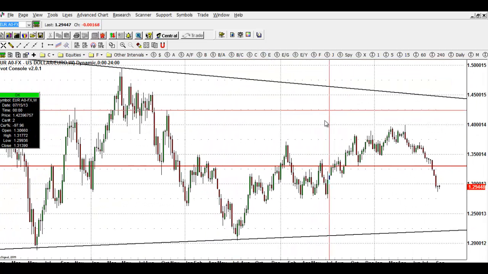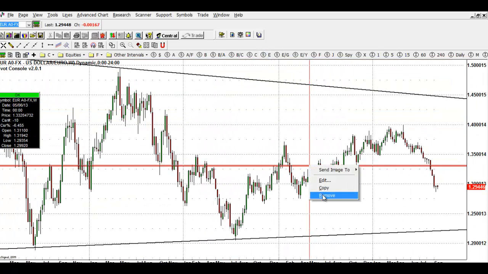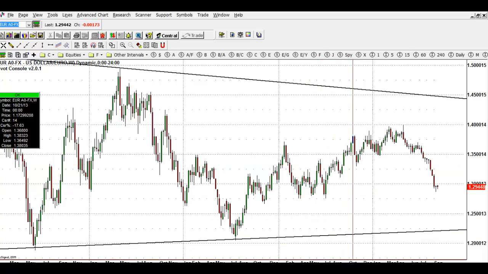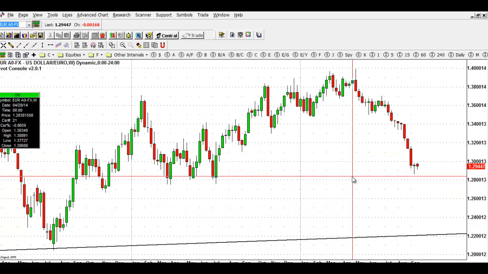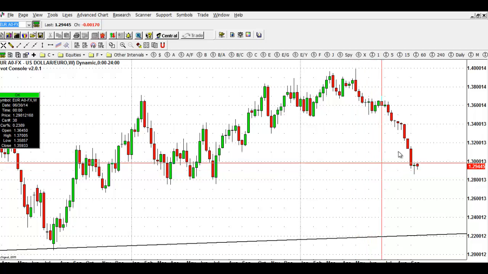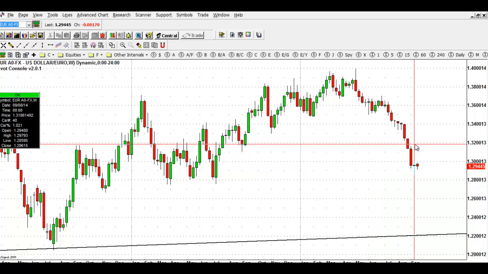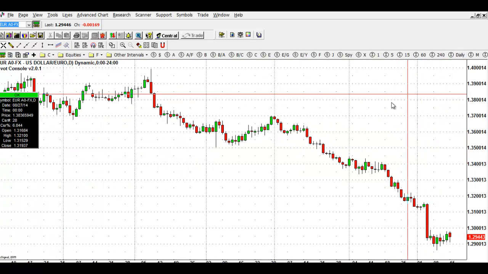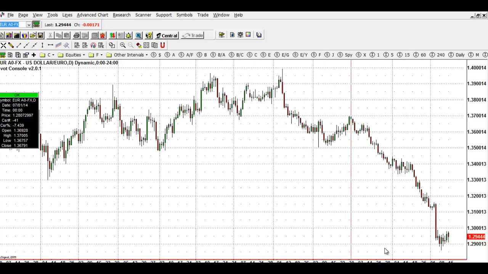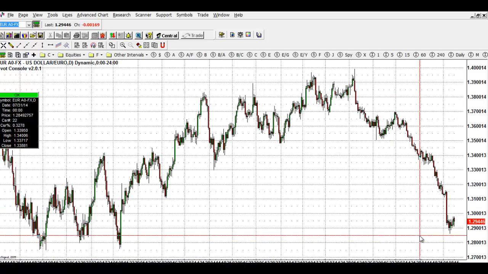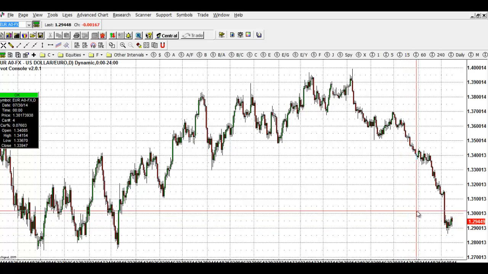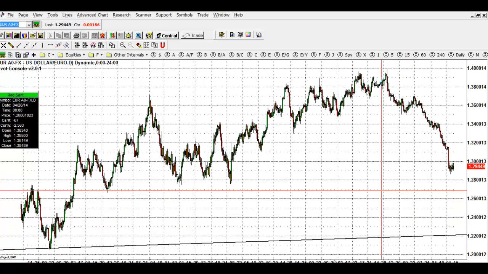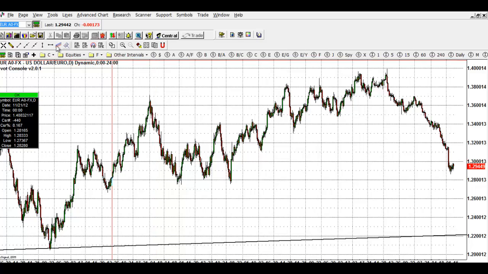We see that the euro, let me just remove this line, the euro is finding resistance just above the 128 level. Actually, the low that was printed was 128.59, and the market is currently trading at 129.44. We could see further losses in the euro towards the 128 level, because that's where we will have pretty significant support levels.